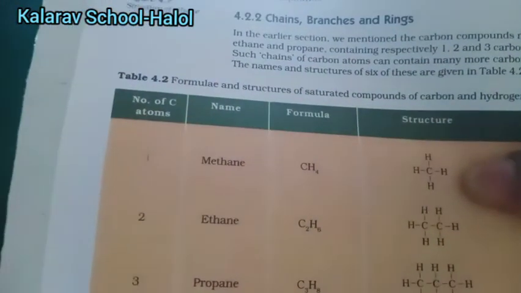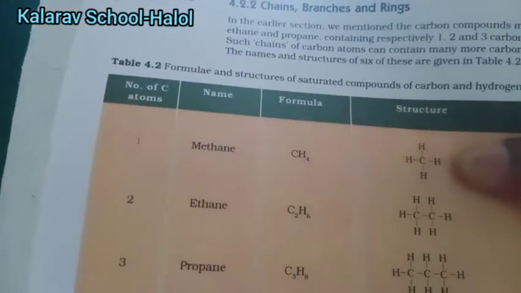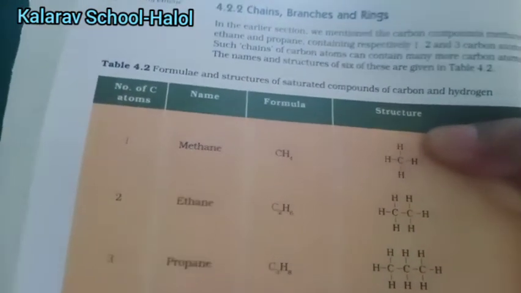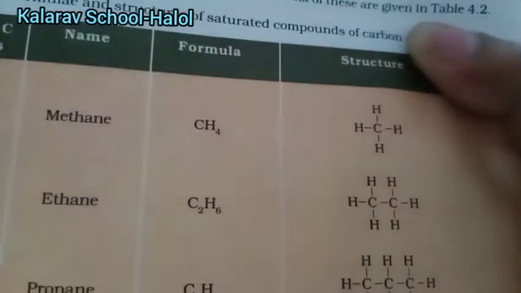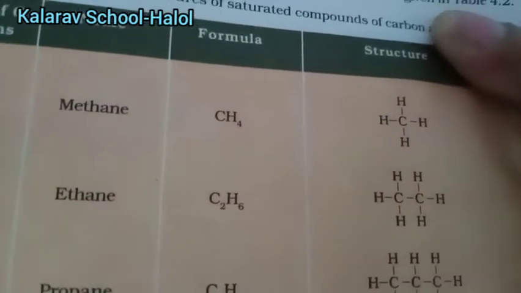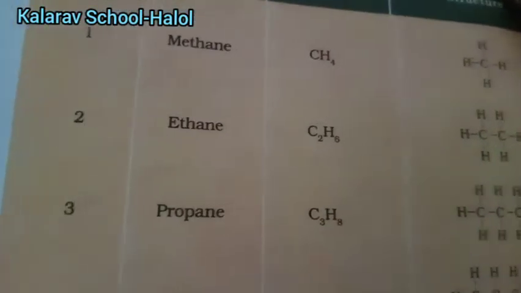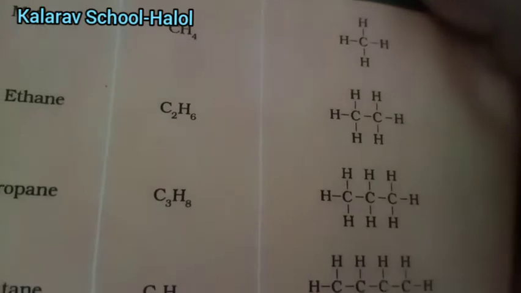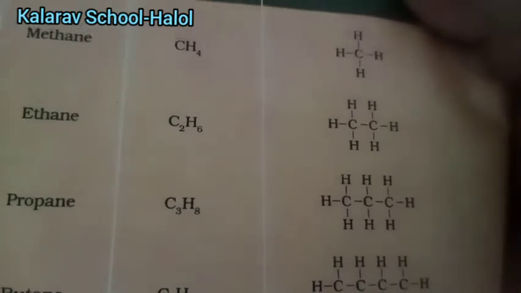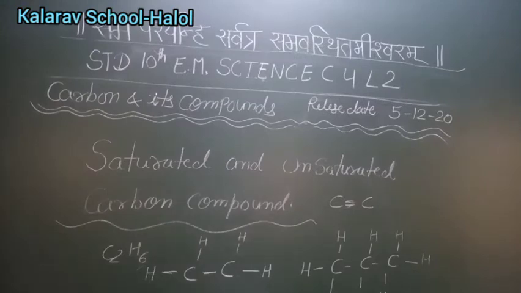If you see here, methane CH4 means a single carbon and 4 hydrogens. You can see the structure is like this. Second is ethane, C2H6, with two carbons and hydrogens; the structure is formed this way. You can see this on page number 64 in your book.